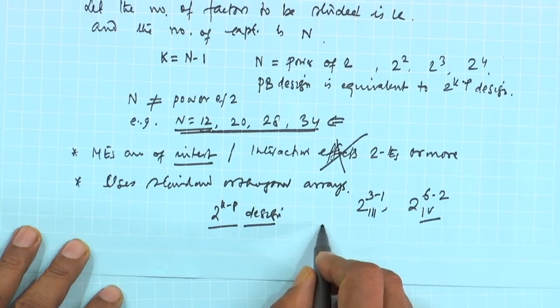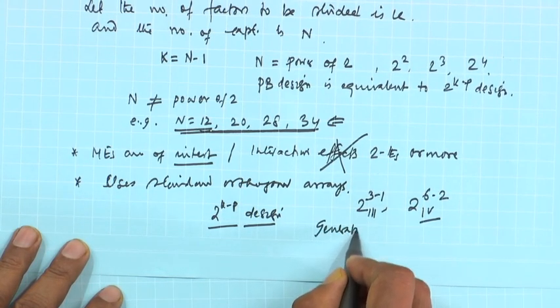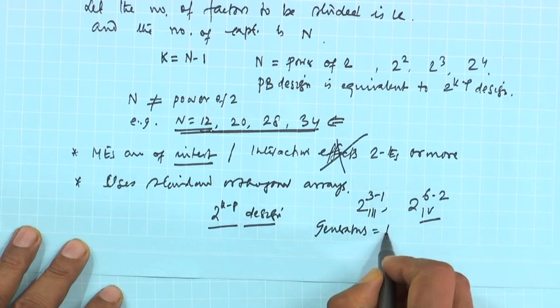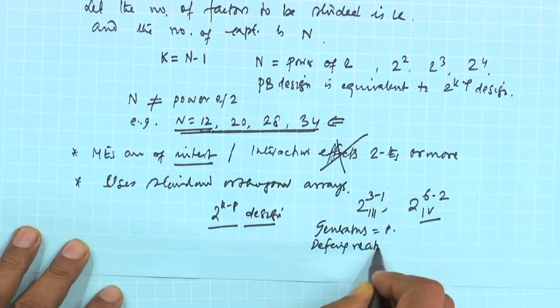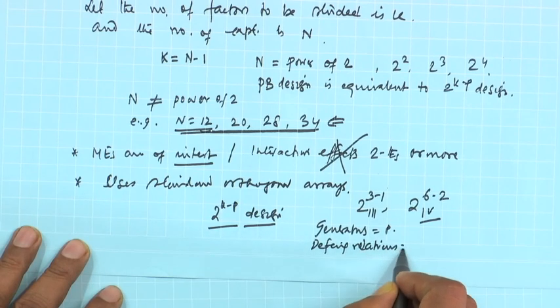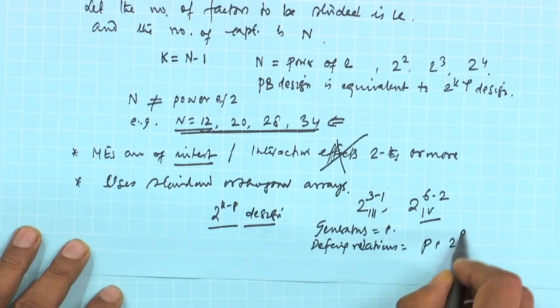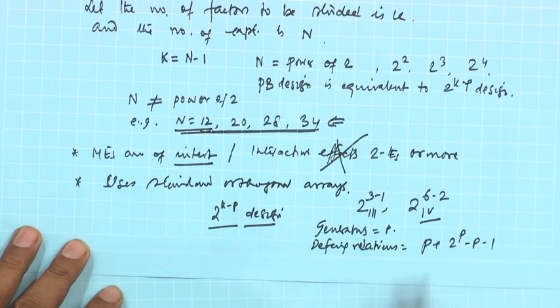You have generators equal to p and defining relations equal to p plus 2 to the power p minus 1.